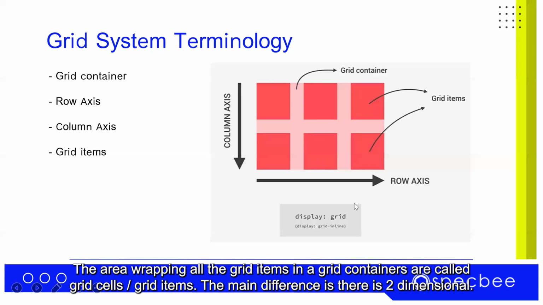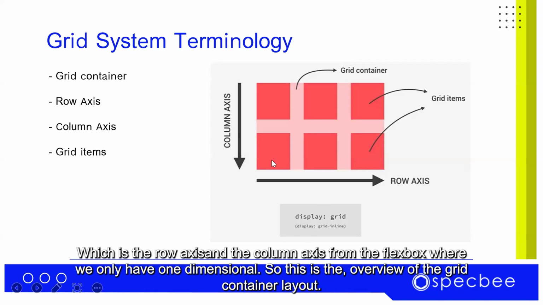The area wrapping all the grid items is the grid container, and these are called grid items. The main difference is that Grid is two-dimensional, with a row axis and a column axis, whereas in Flexbox we only have one dimension. So this is the overview of the grid container layout.